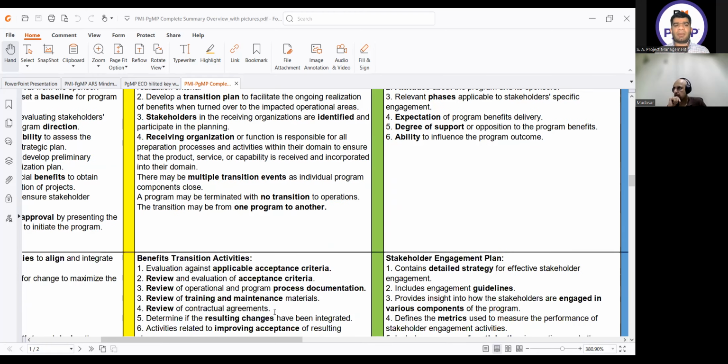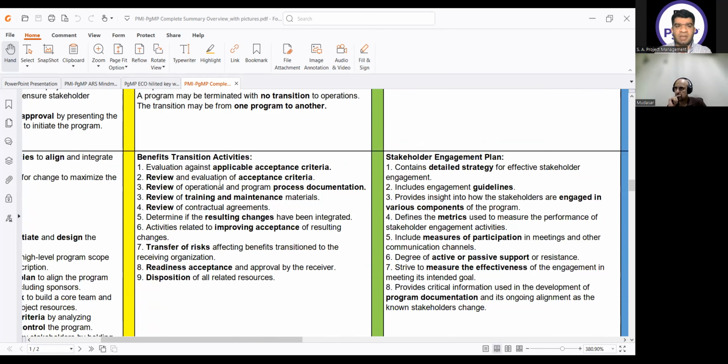Okay. And during the benefit transition, the activities are evaluation against applicable acceptance criteria, review of operational and program process documentation, review of training and maintenance materials, review of contractual agreements, determining if the resulting changes have been integrated, activities related to improving acceptance of resulting changes, and transfer of risks affecting benefits to the receiving organization.